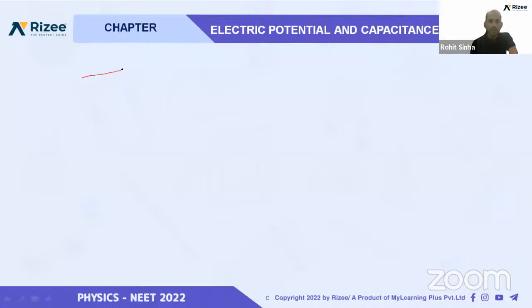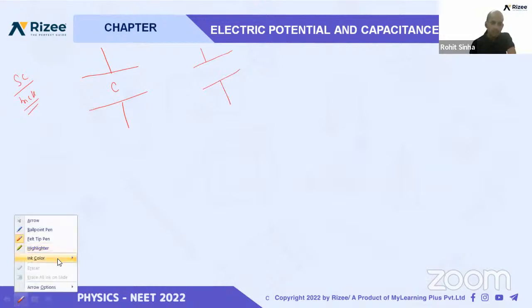Whenever we have one capacitor having capacitance C, if we cut this capacitor in two equal halves like this, what will happen?